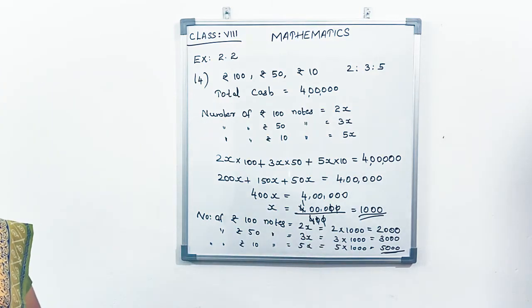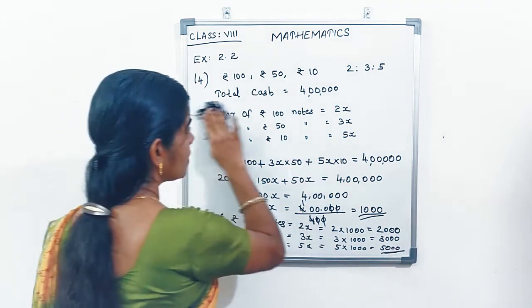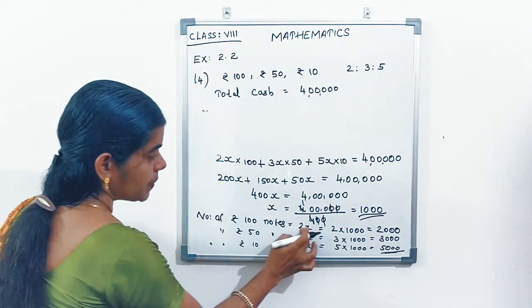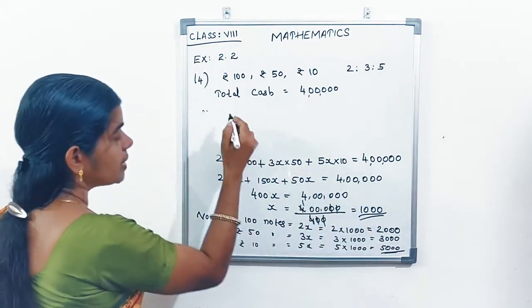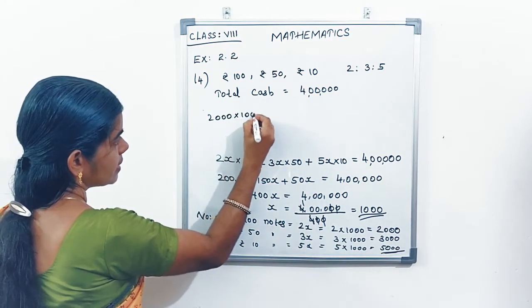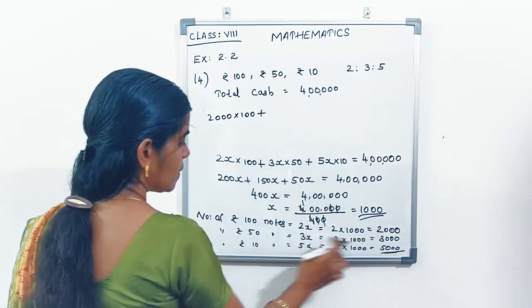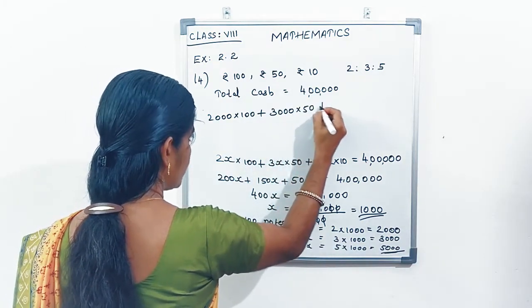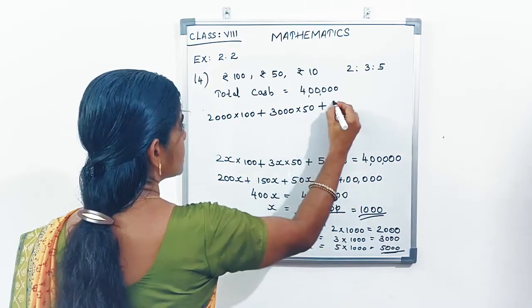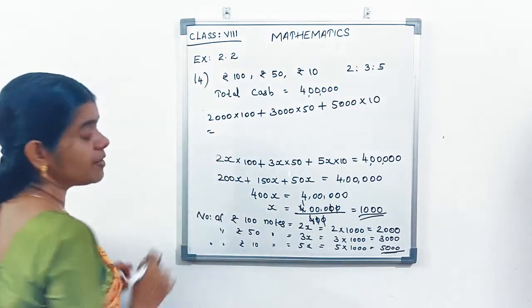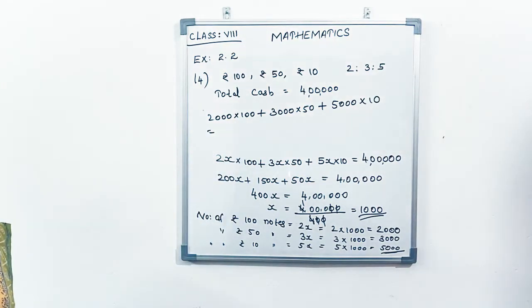Then how can we check whether the answer is correct? Just look. 2000 notes of 100 rupees: 2000 into 100, plus 3000 notes of 50 rupees: 3000 into 50, plus 5000 into 10. If the total is 4 lakh, your answer is correct.